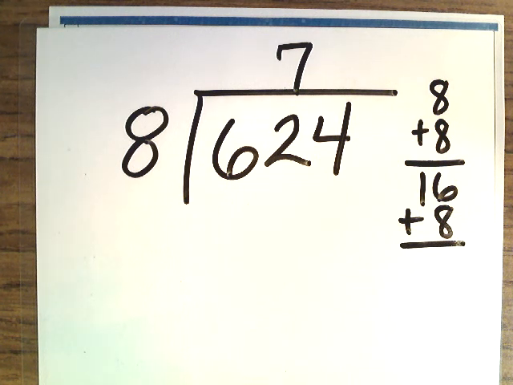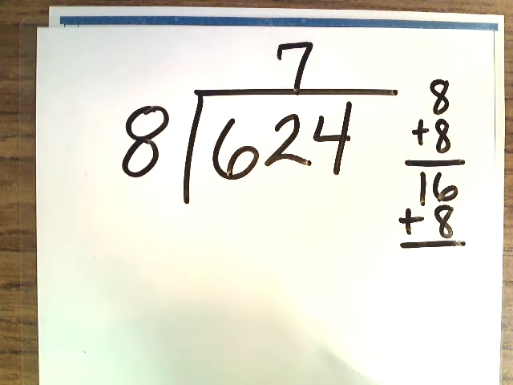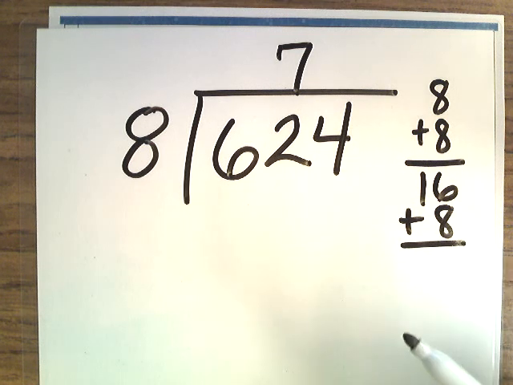It doesn't fit exactly 7 times because 7 times 8 is what? 7 times 8. I want you to think about that in your head. 7 times 8. Okay, and that is what's going to tell us exactly what we have to do to subtract, okay?